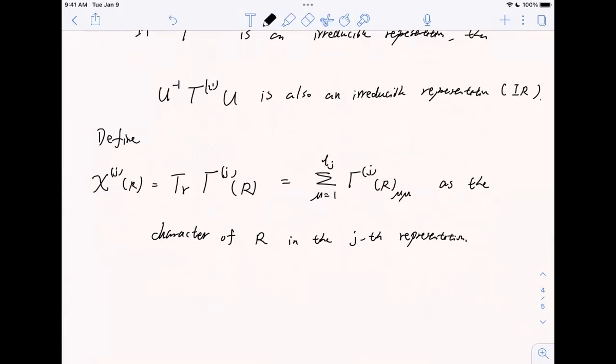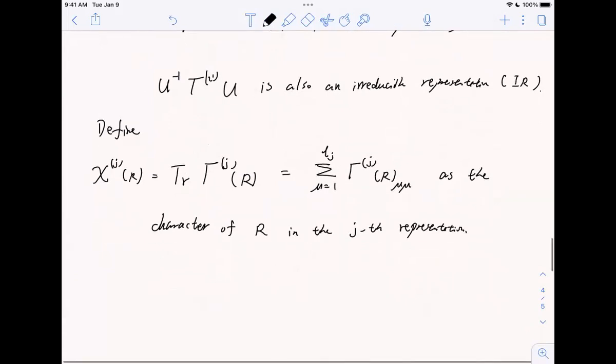Here the representation can be reducible or irreducible. It doesn't matter. The character is the trace.